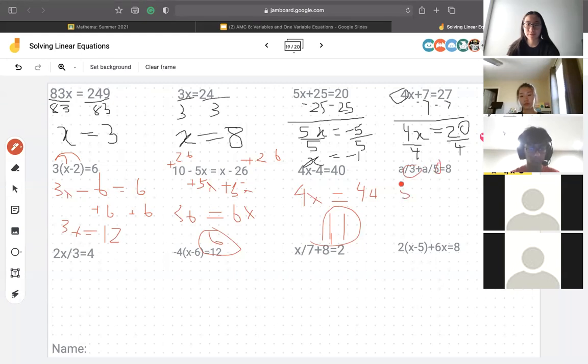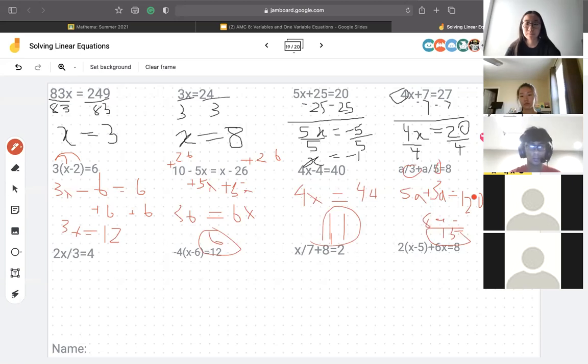So then that gets you 5a plus 3a equals 8 times 15, which would be 120. So 8a equals 120, a equals 15.